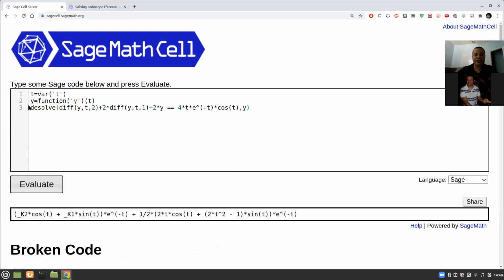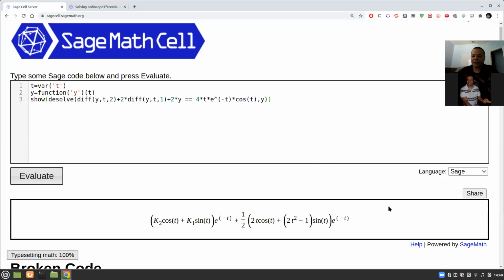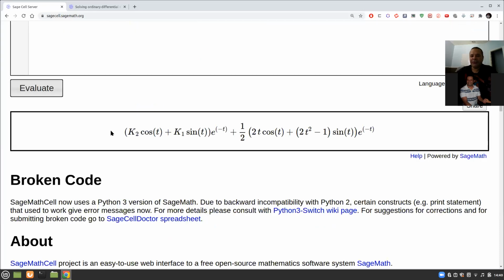Okay, it did. Let's show our answer. When I put show, it's just going to show the result in a prettier way. Okay, so there's our answer: (C1 sine t plus C2 cosine t) e to the negative t plus 1/2 (2t cosine t plus t squared). Okay, you got that, right?